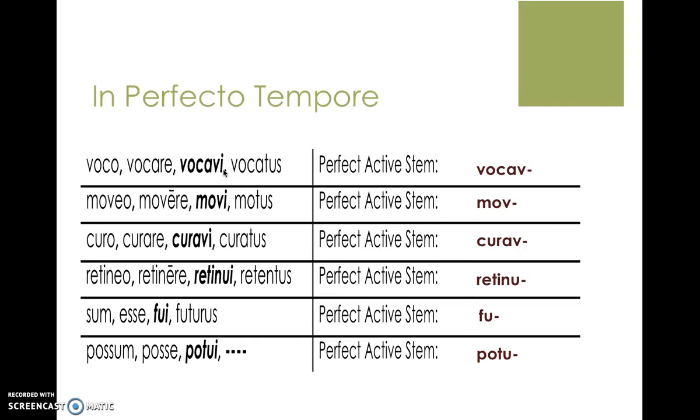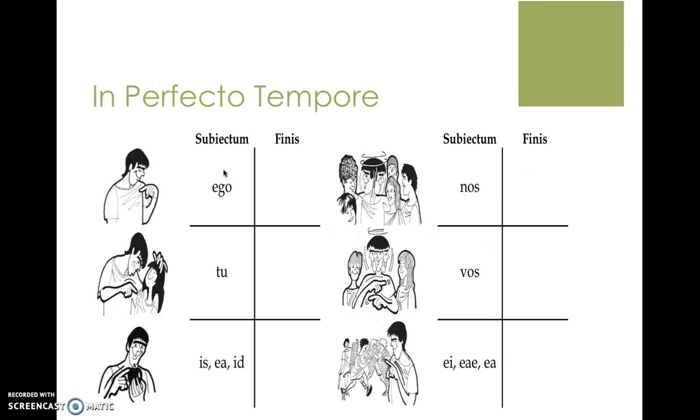So once you form those stems, you just put the endings on as you would with any other tense, and the endings are as follows. For an I verb, to say I in the perfect tense, you just add the letter I on. To say you with your subject tu, it's isti. And for a he, she, it verb, it's it.